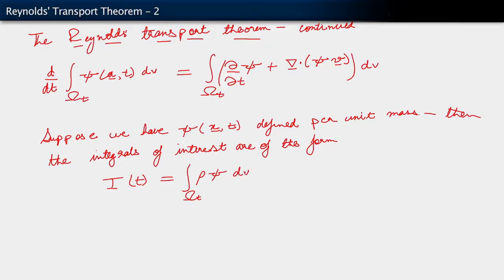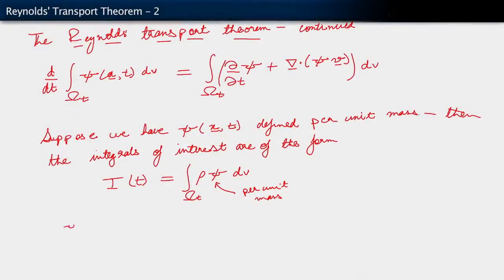The reason this works is that we are thinking of psi as being defined per unit mass, and in multiplying it by the current mass density, we convert that integrand so that once again we have an integrand defined per unit current volume. Then that integral makes sense.